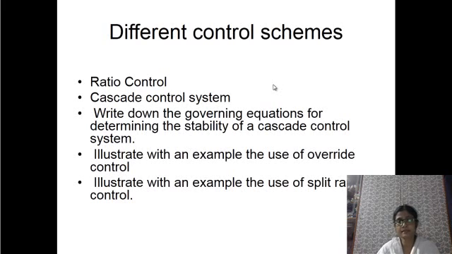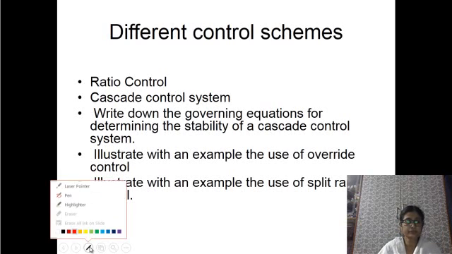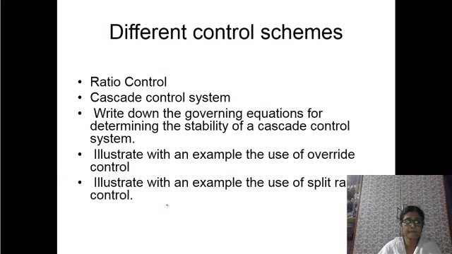Apart from these basic feedback and feed forward control schemes, there are certain special control schemes for special actions. Those are ratio control, cascade control, override control, split range control, and there is another control scheme called adaptive control.